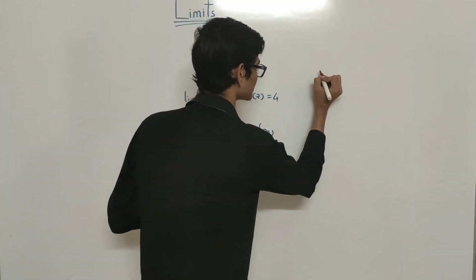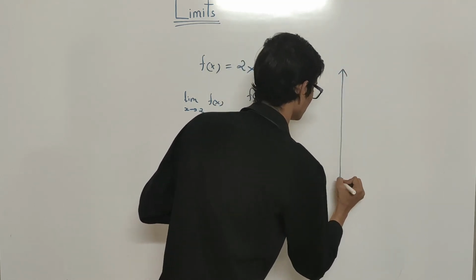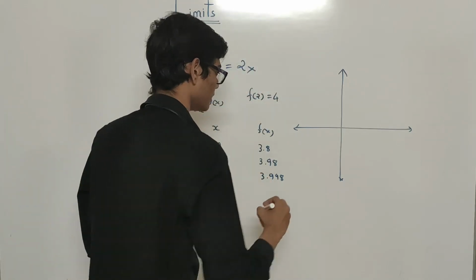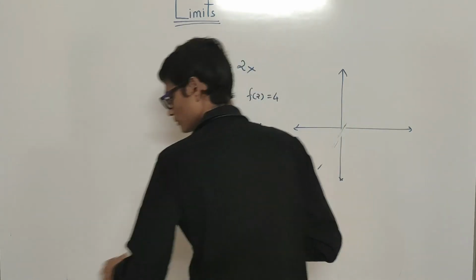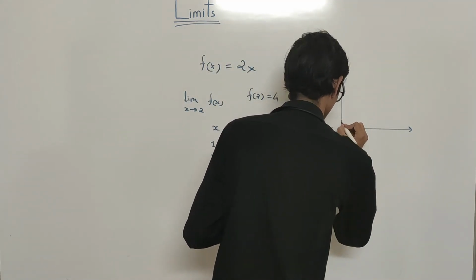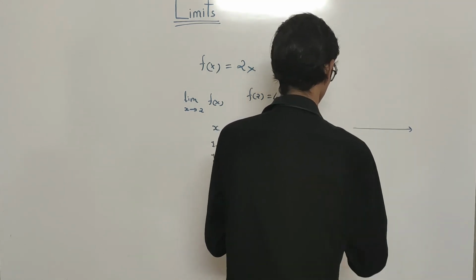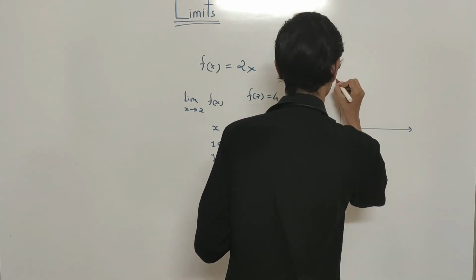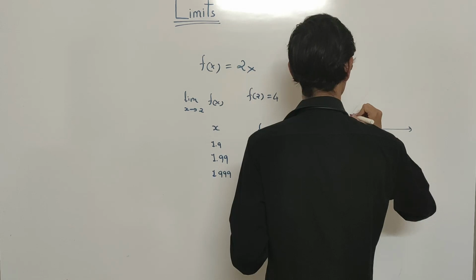Let's understand this by the graph. Here is the graph of f of x equal to 2x, which is a straight line.